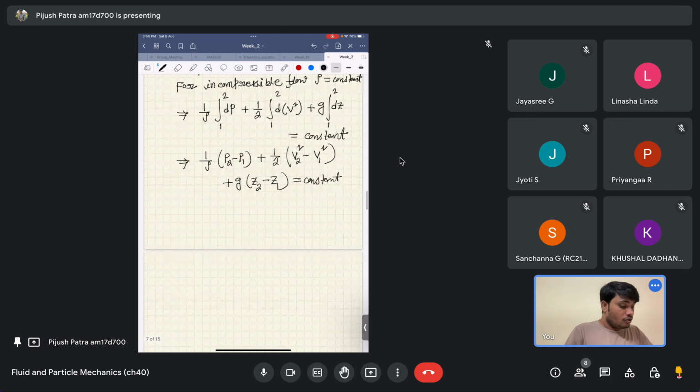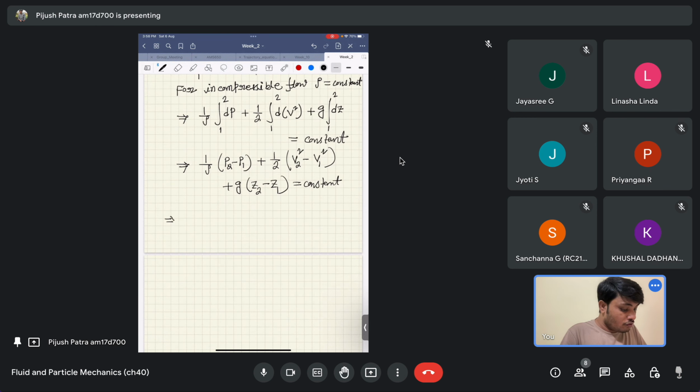So what is the familiar form which you know? That is p2 by rho plus half v2 square plus g into z2 is equal to p1 by rho plus half v1 square plus g into z1 is equal to constant.